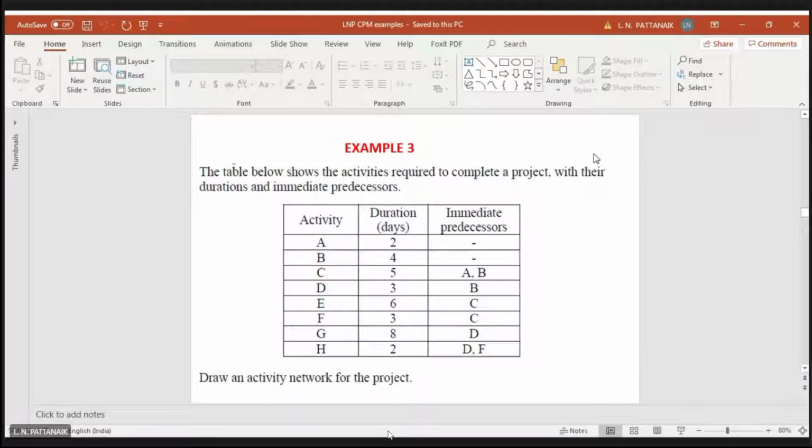Then there is another thing here: E and F both follow activity C. So just check how you can do it. Just give it a try, all of you.